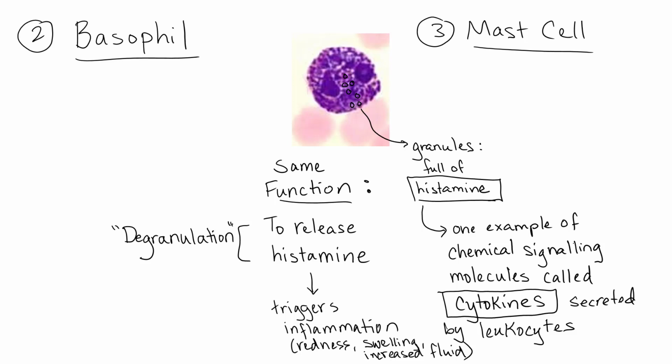The big difference, okay? Basophils are located in the blood. In this particular picture, we're seeing a basophil. It's located in the blood, circulates via the blood vessels.